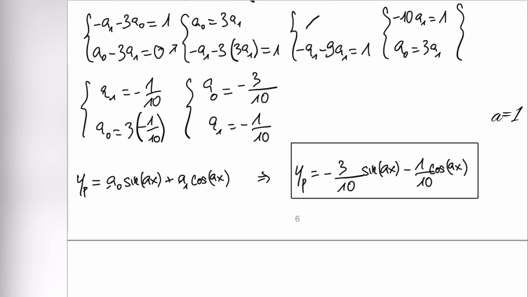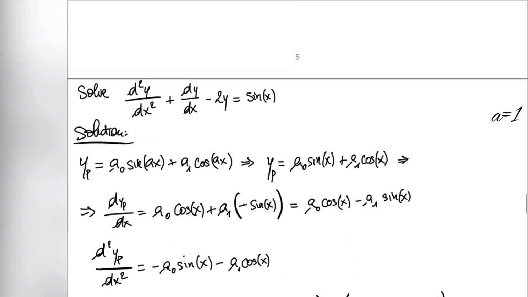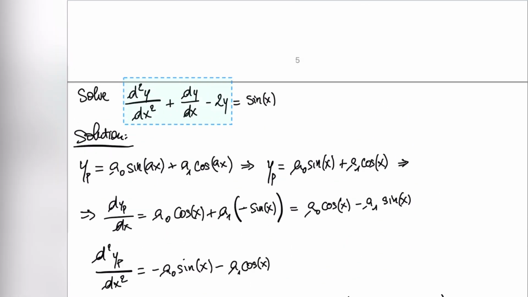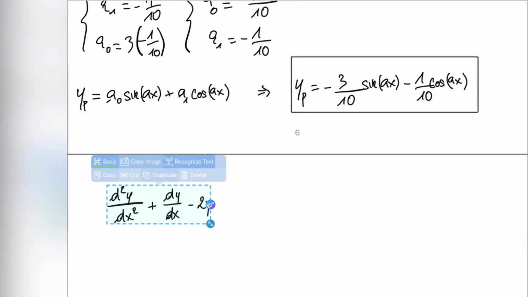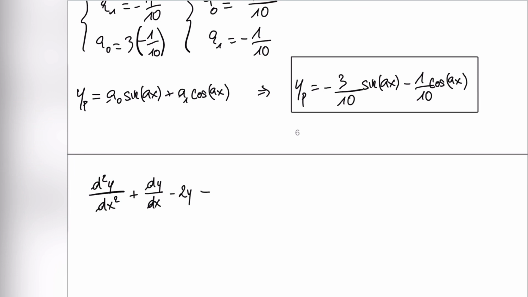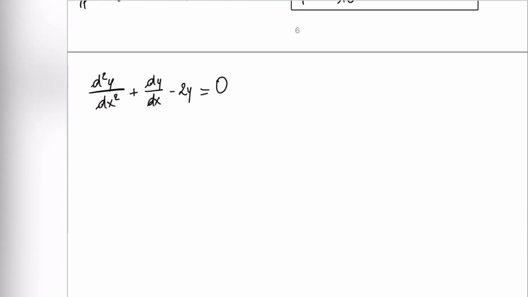Now we need to find the general solution of the homogeneous equation. So the homogeneous equation, this is equal to 0. So we need to find the general solution of this. So to solve this, we let y equal to e to the power alpha x, right?